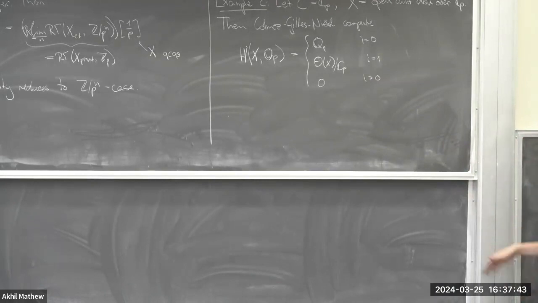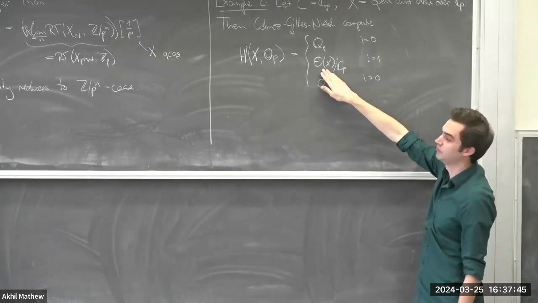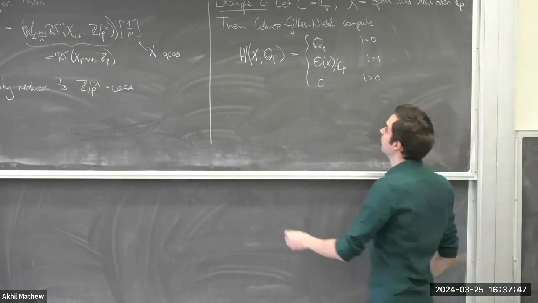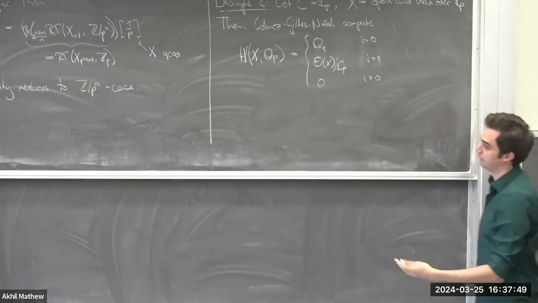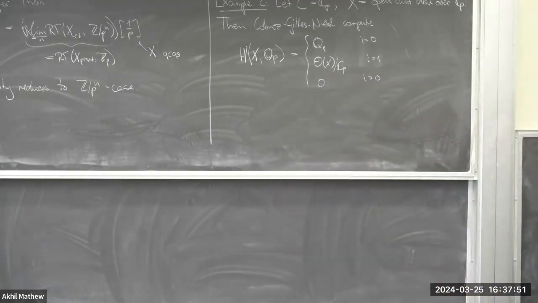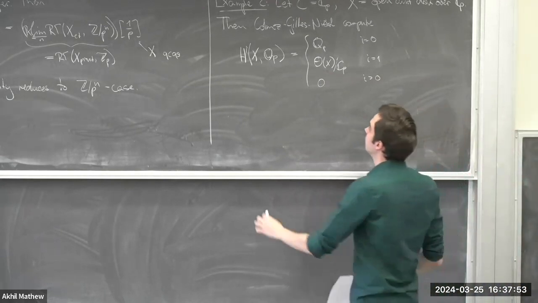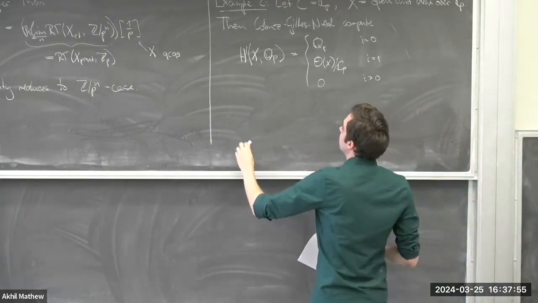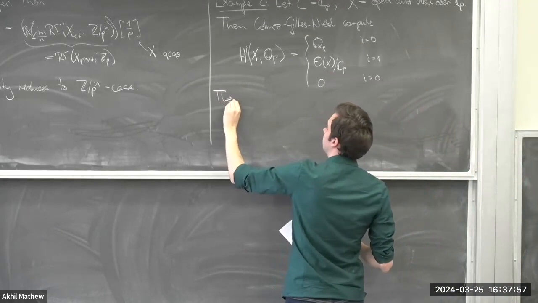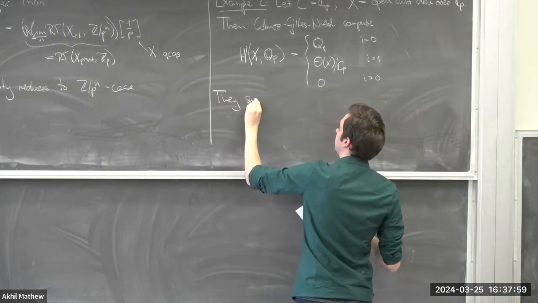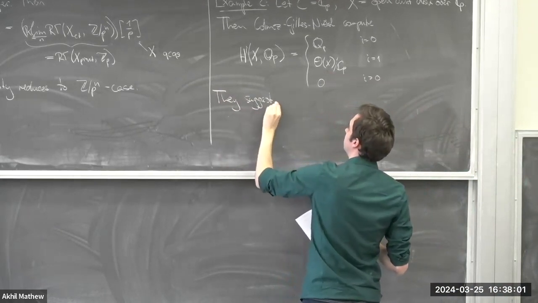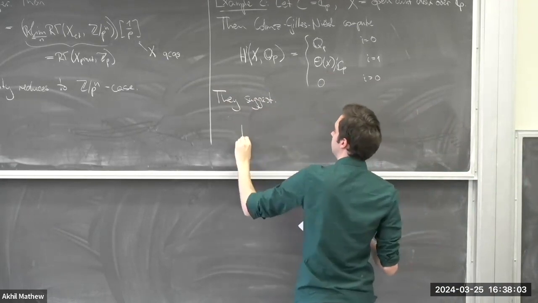Okay, so we see that this guy is huge, like it's a Q_p vector space. And it also depends on the base field, and I guess that's somewhat similar to what I already said happens on P. And they suggest a functor where they put the following as the homology with compact support.